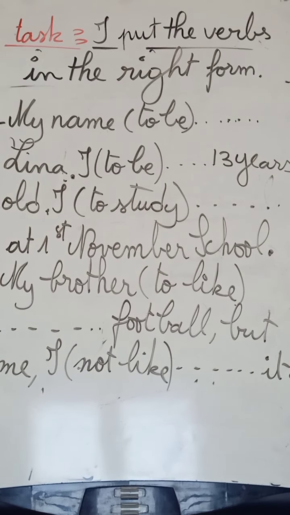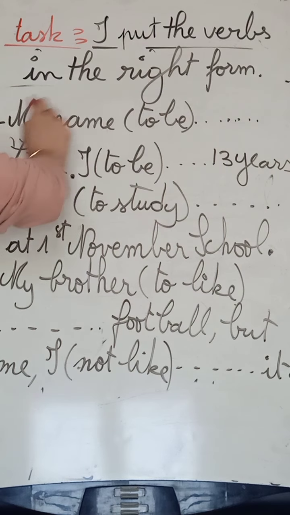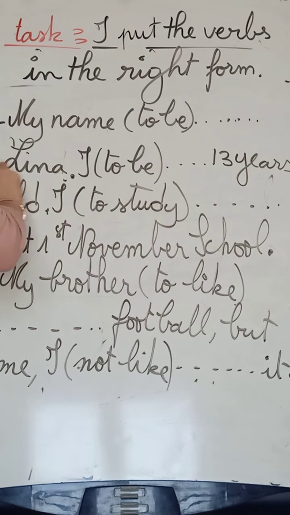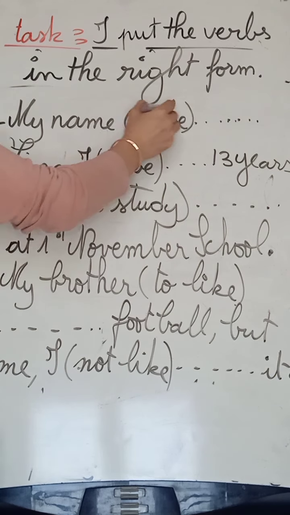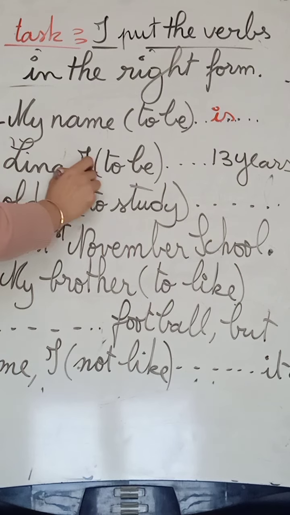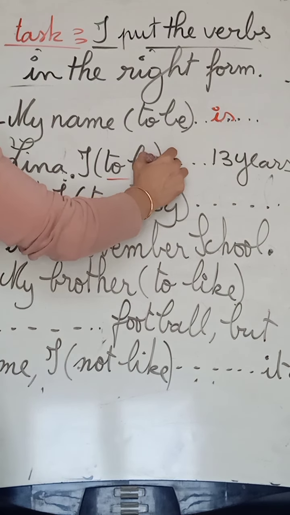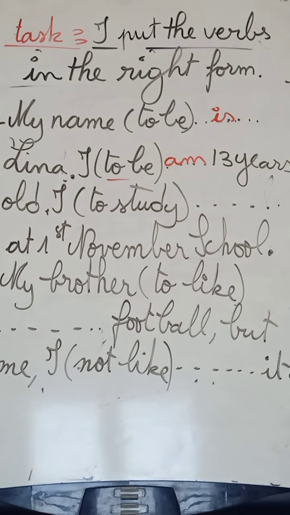So let's practice this activity, this task. I put the verbs in the right form. Je mets les verbes à la forme correcte. My name, here we have got verb to be. My name is, mon nom est. My name is Lina. I to be 13 years. What do we say? I am 13 years old.